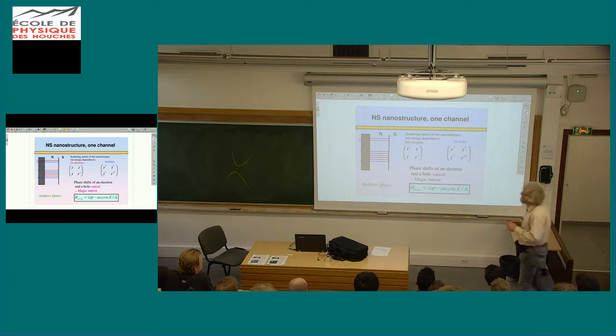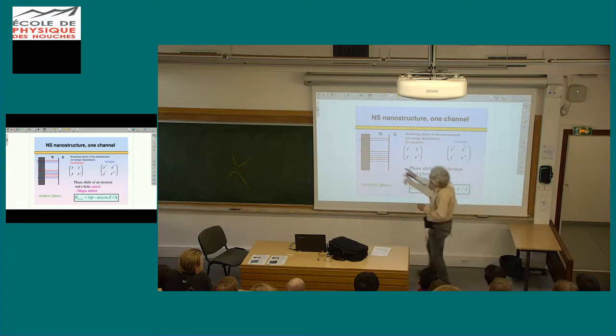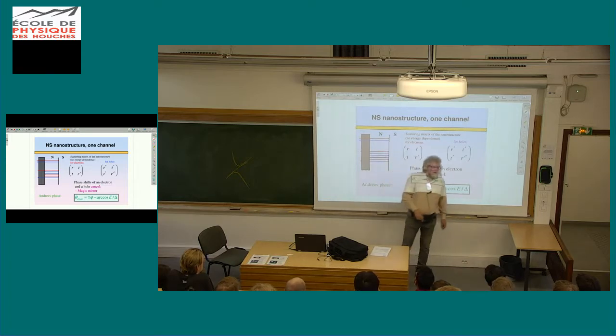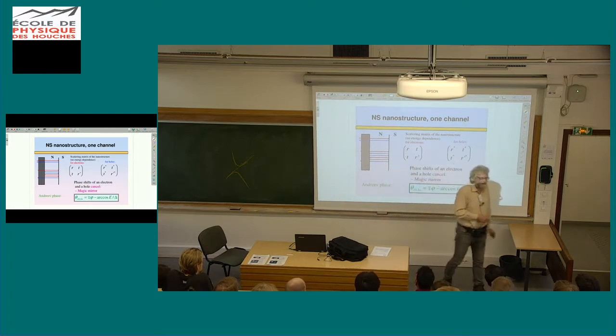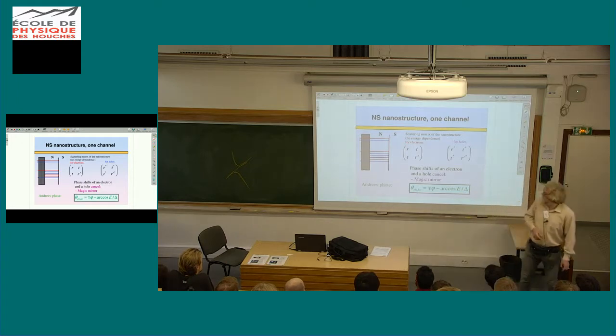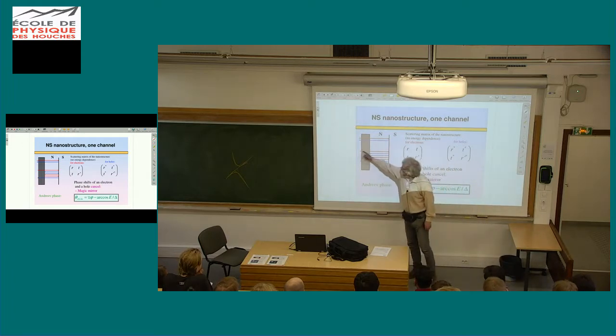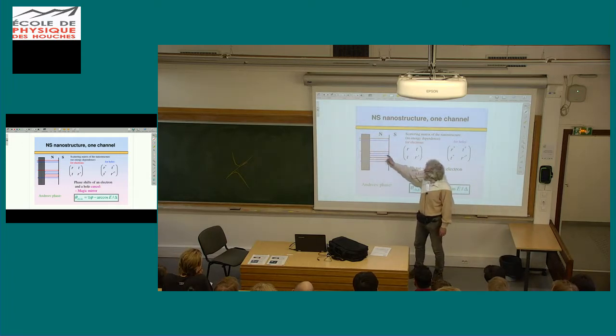All processes: when an electron comes to the barrier, penetrates the barrier, and is Andreev reflected. That's the first possibility. There are more complex chances. It comes, penetrates the barrier, is reflected from the superconductor, is reflected back, and gets another Andreev reflection.